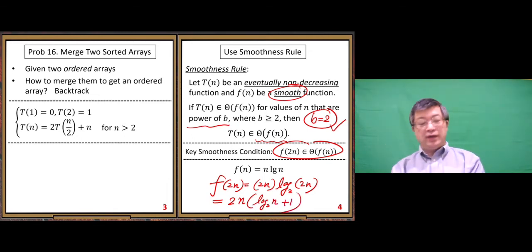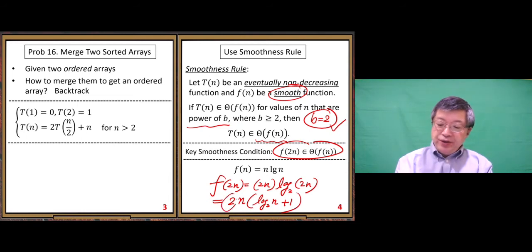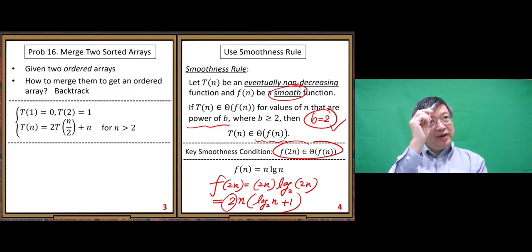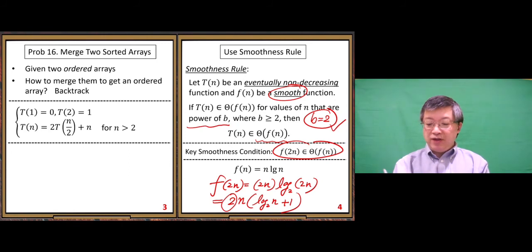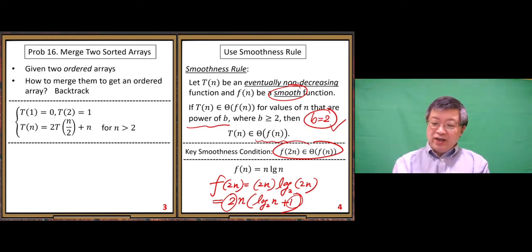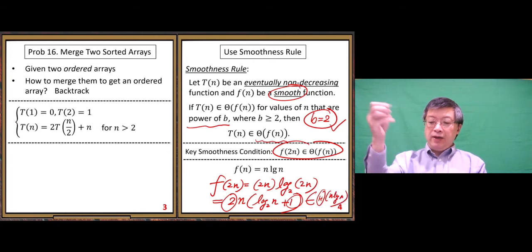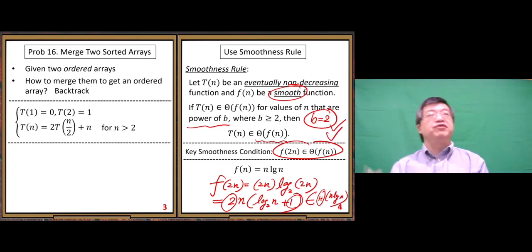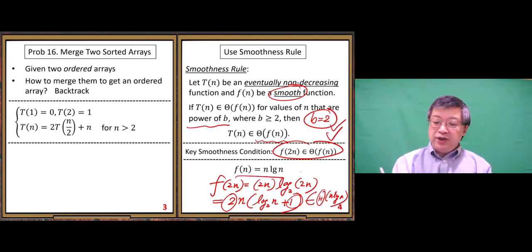The 2 is a constant multiplying that function, and this plus 1 is a minor term, very small, we can ignore. So you can see this function still belongs to big theta of n log n. This condition is satisfied, so we can say this function is smooth.